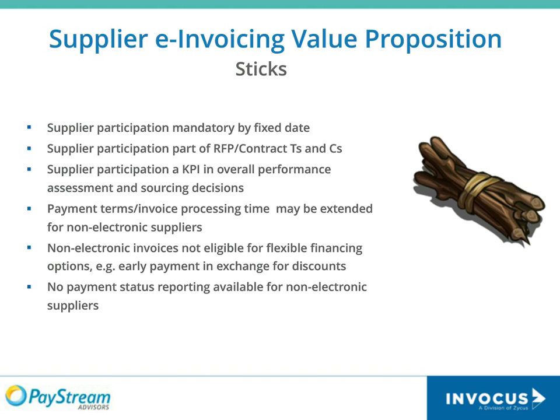But this is yet another key performance indicator that will help those suppliers that take the necessary steps to adopt this program, will help them to perform better in the overall rating.